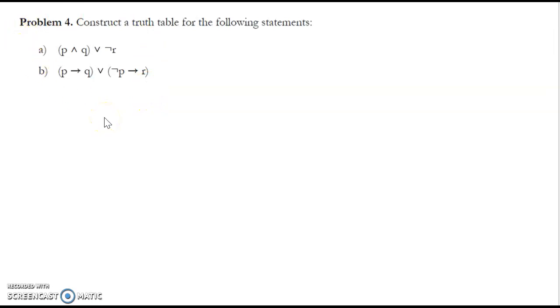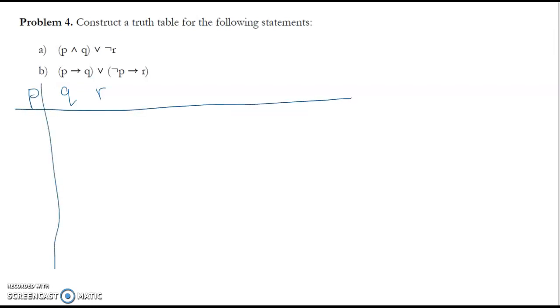Construct a truth table for the following statements. So you're given P, Q, R. So I'm going to continue my truth table, and I'm going to start with P, Q, and R. As you guys know, if it's 3 variables, then I'm going to start making my table with all the different possibilities.